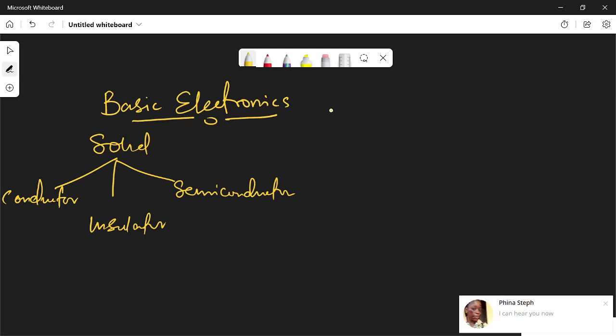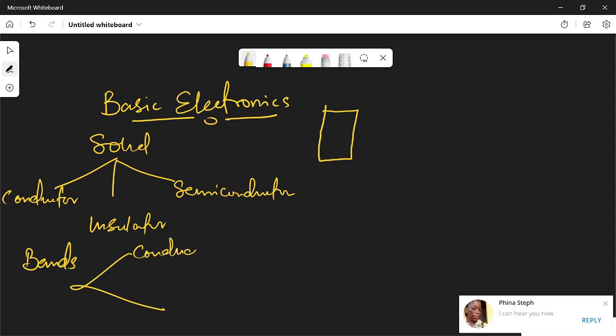So for every material that we refer to as solid, we have what we call three bands. The bands are conduction band. We have a forbidden band.